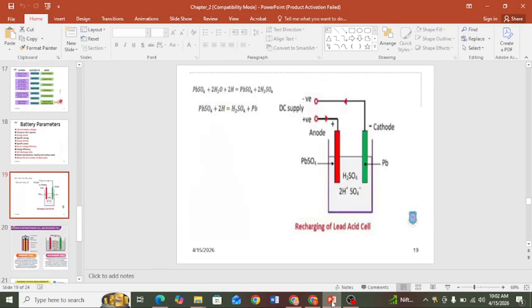Then there is the chemical reaction for charging lead acid batteries. In front of you is the lead sulfate.